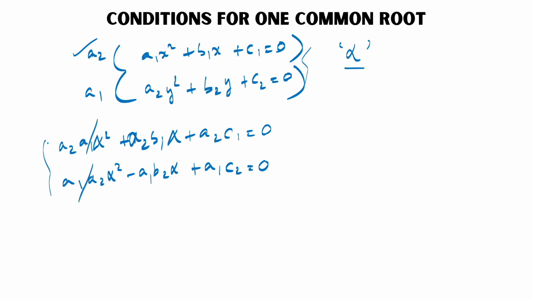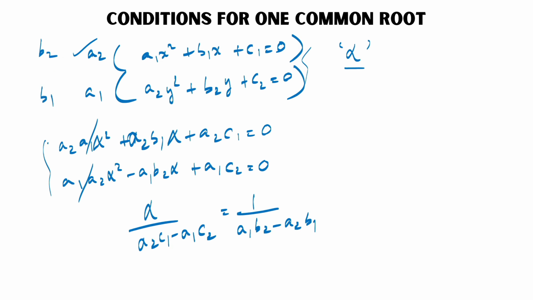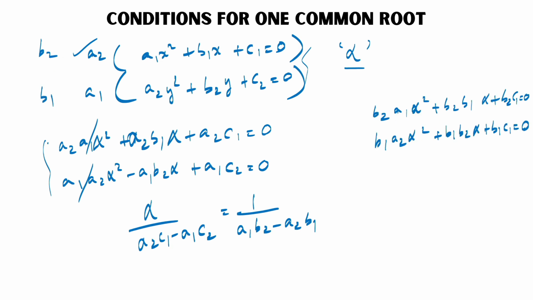So the alpha square terms can be cancelled, and if we further simplify these two equations, we will get alpha by a2c1 minus a1c2 is equal to 1 by a1b2 minus a2b1. Now we will multiply the first equation with b2 and the second one with b1. We will arrive at two equations, and if we further simplify, we arrive at a similar condition.